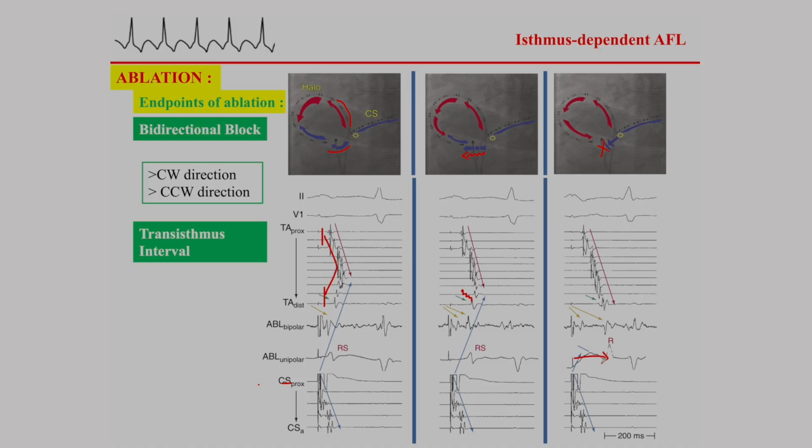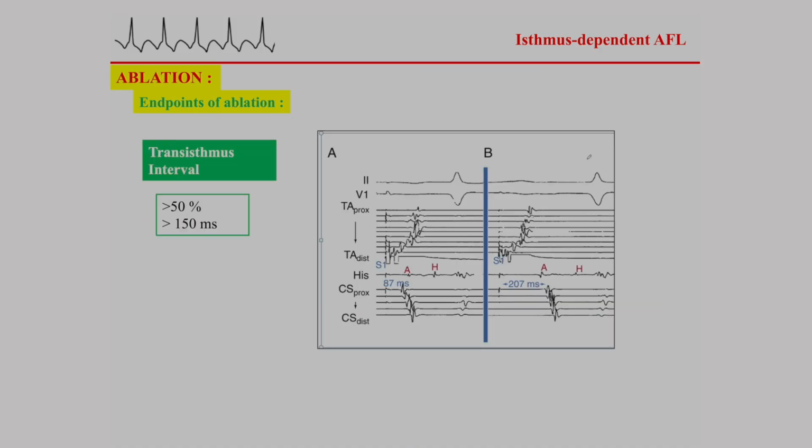So we will look from the pacing to the atrial electrogram at the lateral isthmus, the distance here, and that should be more than 150 milliseconds or prolonged by more than 50%.